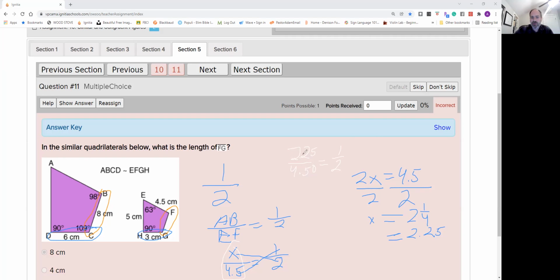Well, let's see. 2.25 times 2 actually equals, ready? 4.50. How about that? So 2.25 goes into 4.50 twice. So we can reduce it down to 1/2. And that will be the principle that will apply for every single one of these.